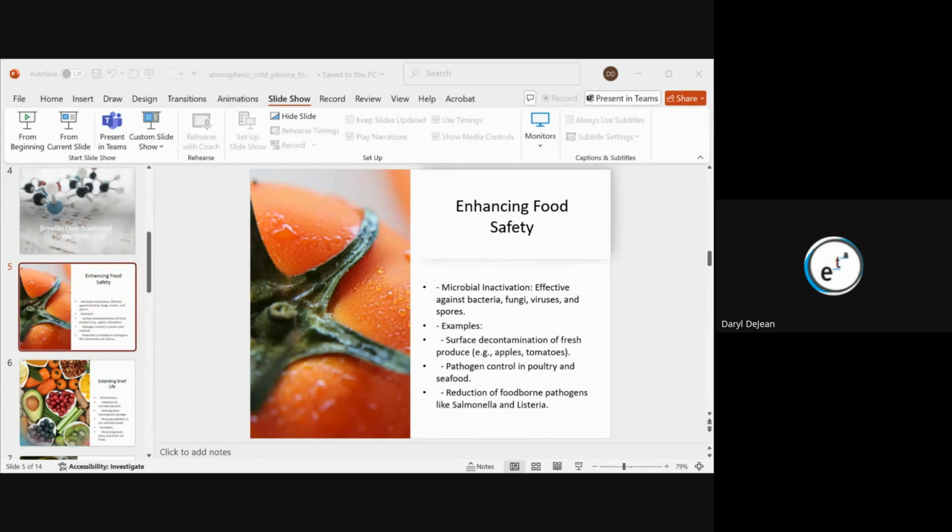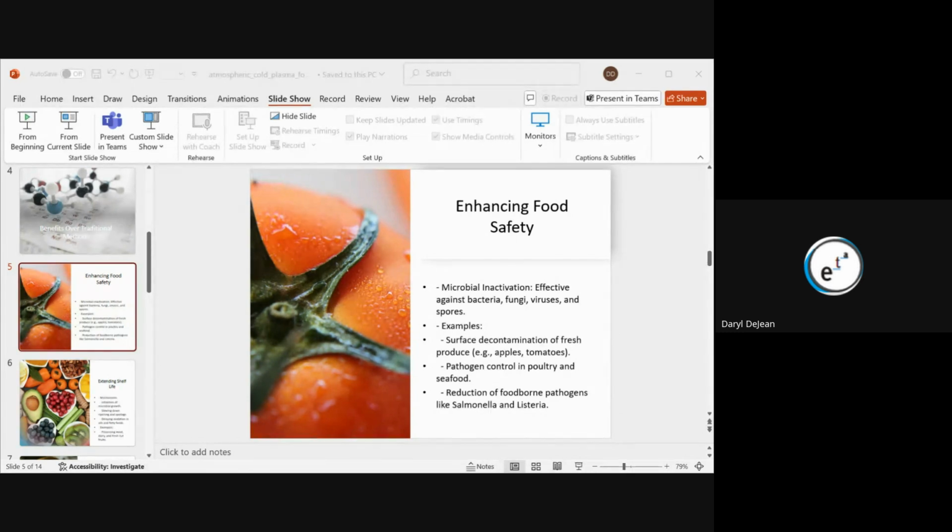Studies have shown shelf life increases 7 to 12 days for produce and fruits. How about pathogen control in poultry and seafood? Because again, it is a gas, let's think a little bit out of the box, if you will. This gaseous molecule can be pumped into water as well and treat the water lines, the water supply nipples, if you will, that go to all the different animal stations.